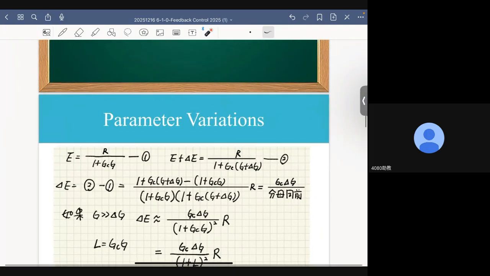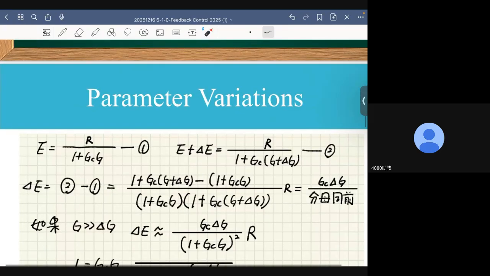What are its components, what makes it larger? So to do that, all I need to do is subtract 1 from 2, right? Because by subtracting E from this E plus delta E, what I will get is, of course, delta E, okay? So by using the right-hand side of these two equalities, I have this term, okay?